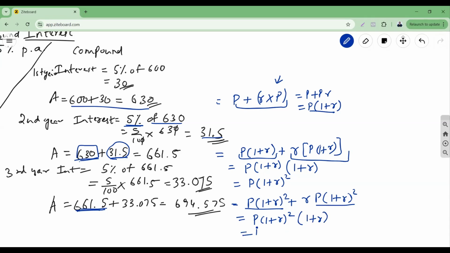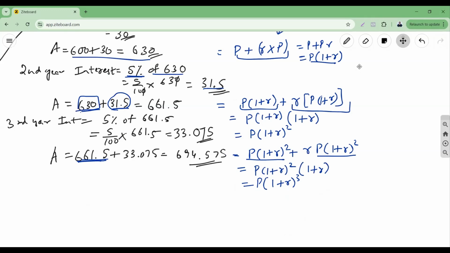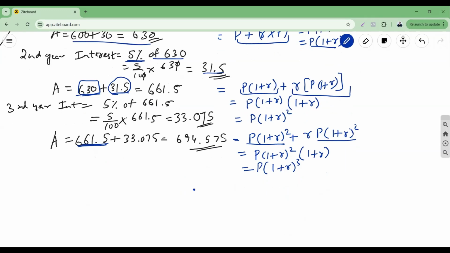So this leaves me with P times 1 plus R whole cube. I get it, right? From this, the pattern that we are seeing is that the amount with compound interest will be P times 1 plus R to the power of the number of years. So this is the formula for our compounded amount.